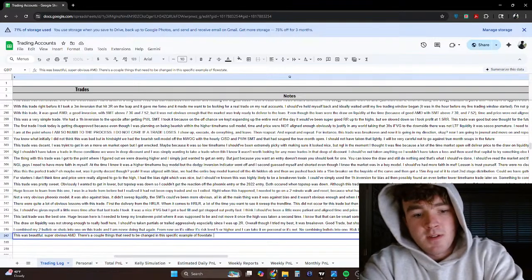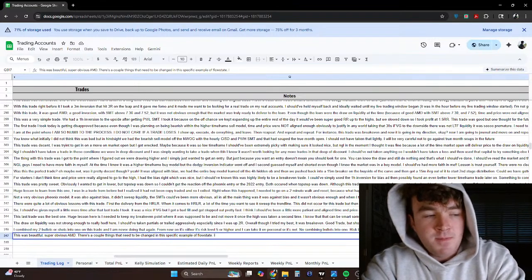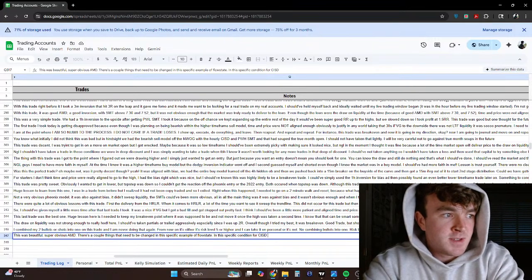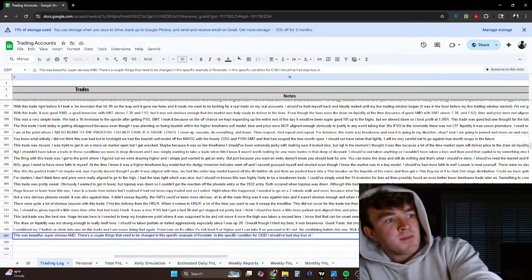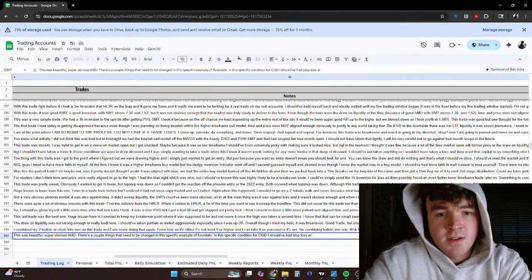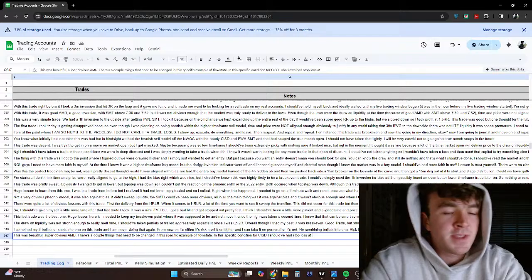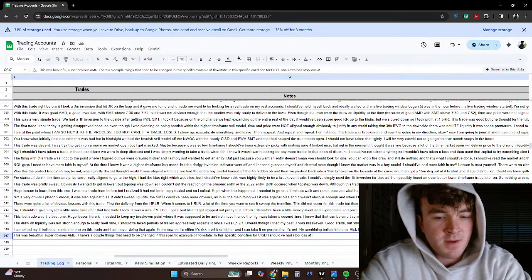In this specific condition for CSD, I should have had a stop loss. But I probably won't be trading on real for quite some time. I don't think it's beneficial for me right now.